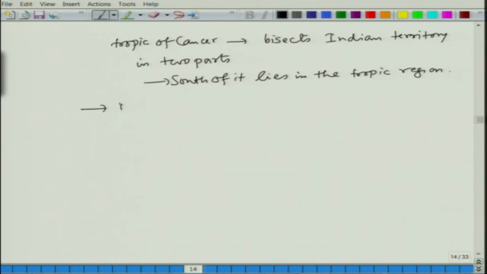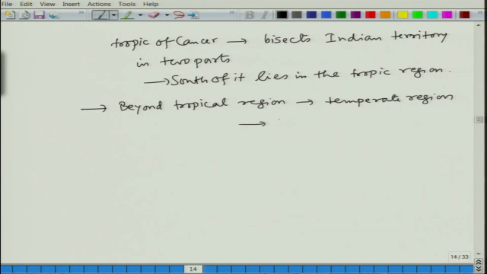Okay. So, beyond the tropical region, we have the temperate region, and above 66 degrees north or below 66 degrees south, we have the frigid region near the poles. This gives you some idea about this declination angle.